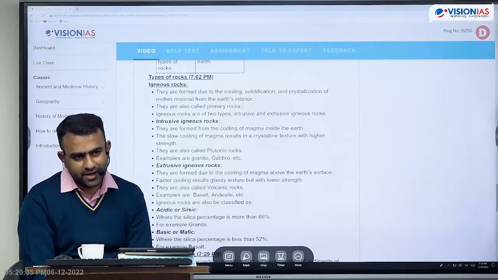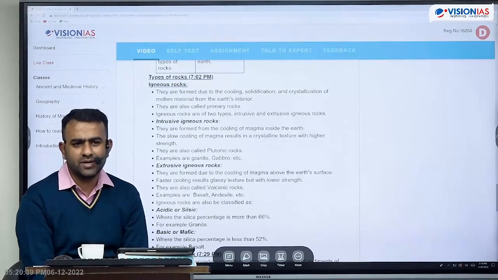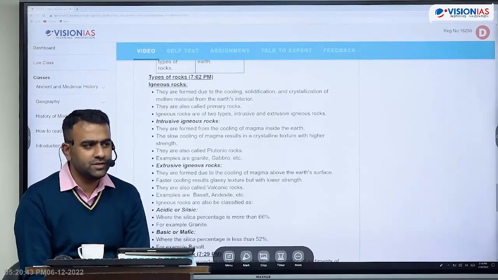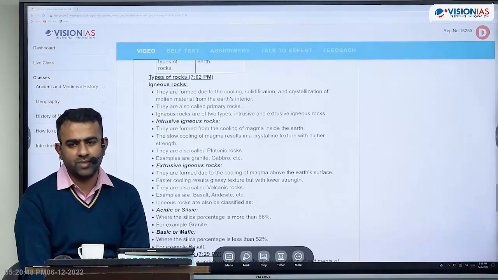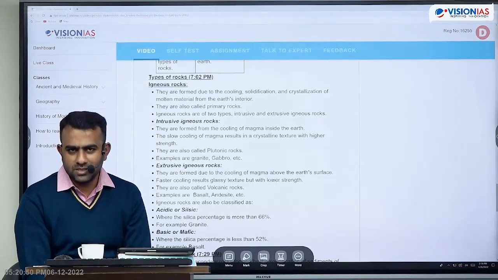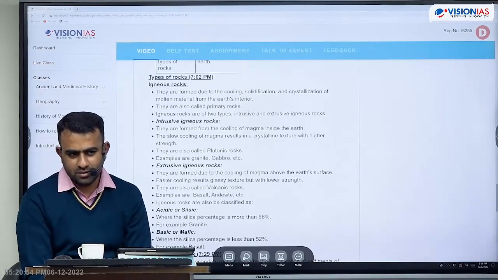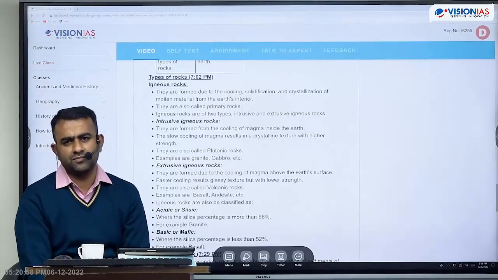Once deposited and buried down at higher temperature and pressure, it undergoes lithification. Lithification involves compaction and cementation. Compaction is getting pressed. Cementation is binding with finer particles, like silt or something.